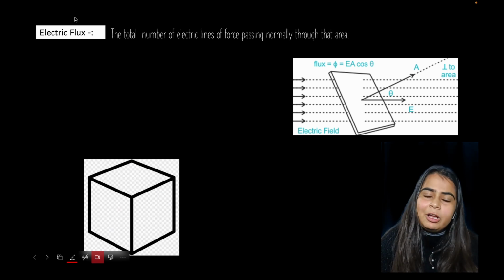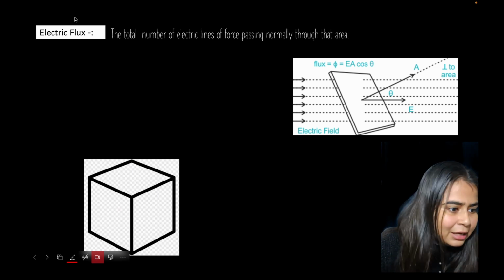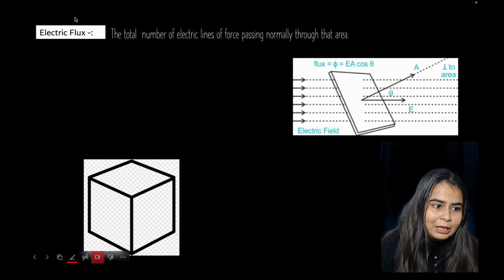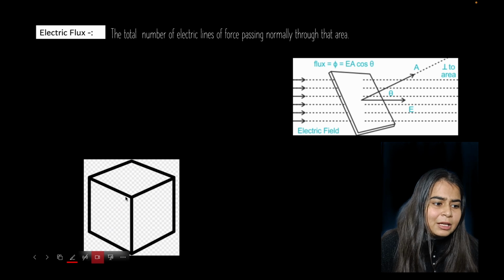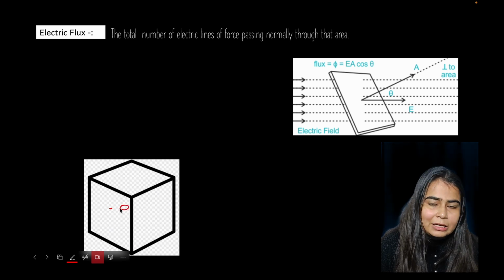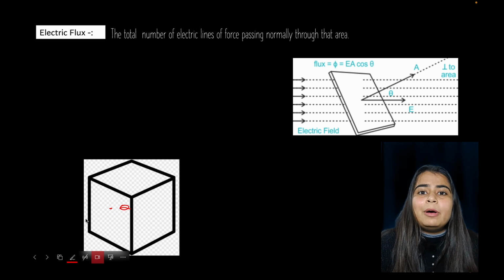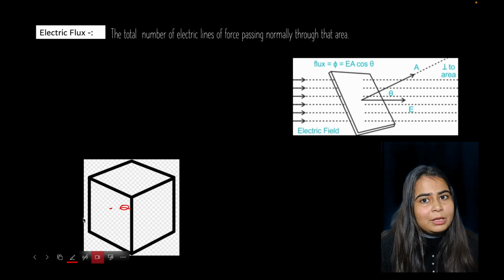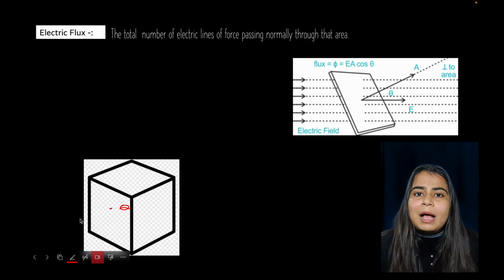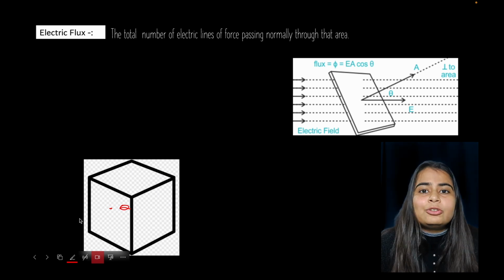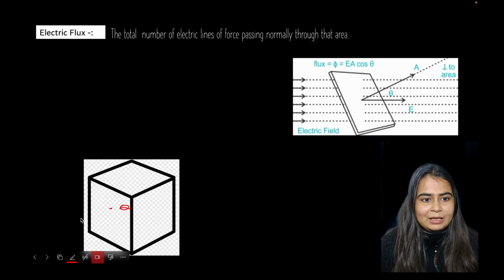Similarly, if I have a cube, as you can see on the screen, and I keep a charge q inside it, then the number of field lines associated with the whole cube will determine the electric flux through the whole surface, right?